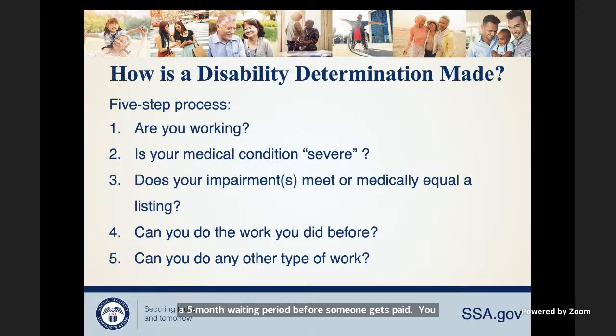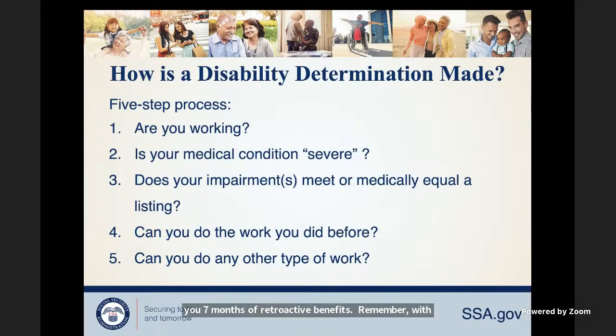We have that 5-month waiting period before we can start paying you. So even if you got approved in March, we're not going to be able to start paying you till May or June. But if it does take a year, let's say it takes till January of the following year, we're going to owe you 7 months of retroactive benefits. And remember, with appeals, this counts also.